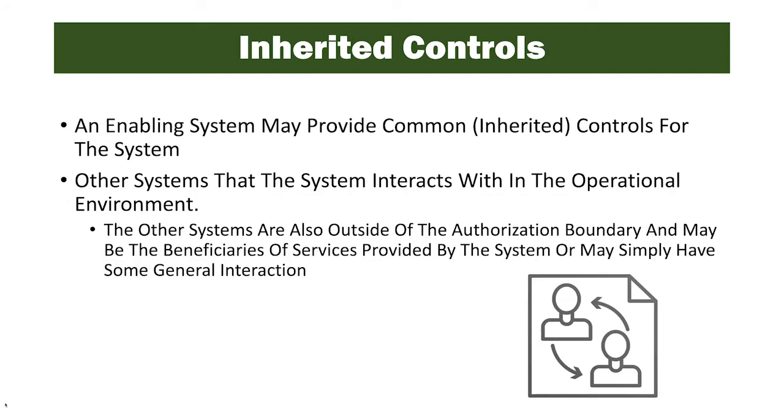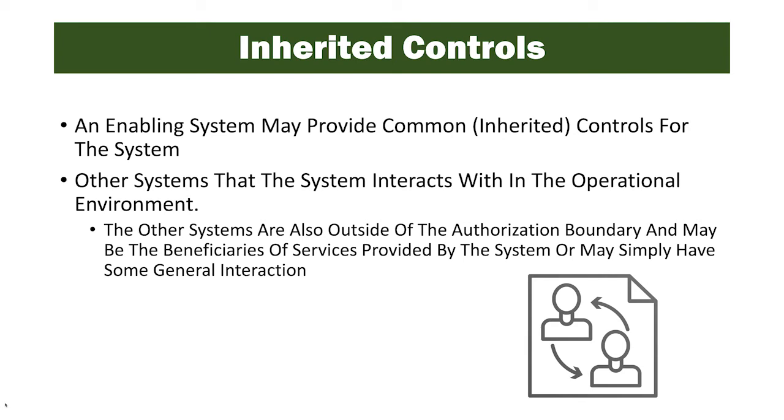Important to understand inherited controls. We've already talked about those in some earlier modules, but an enabling system may provide common controls, also referred to as inherited controls, for the system. Other systems are also outside of the authorization boundary and may be the beneficiaries of services provided by the system, or may simply have some general interaction. So our system boundary will define our system.